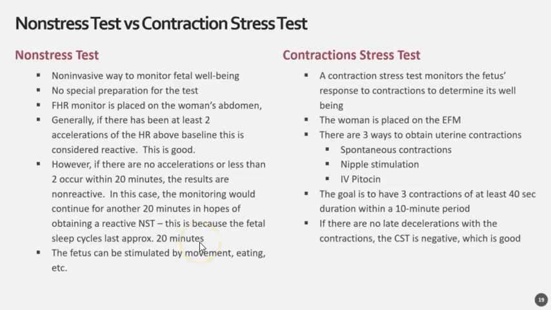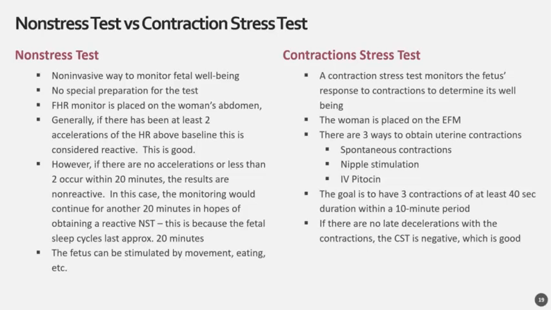There are 3 ways to obtain uterine contractions. The easiest way is if the woman is having spontaneous contractions. There can be induced uterine contractions through nipple stimulation, and then IV Pitocin can also create those uterine contractions.